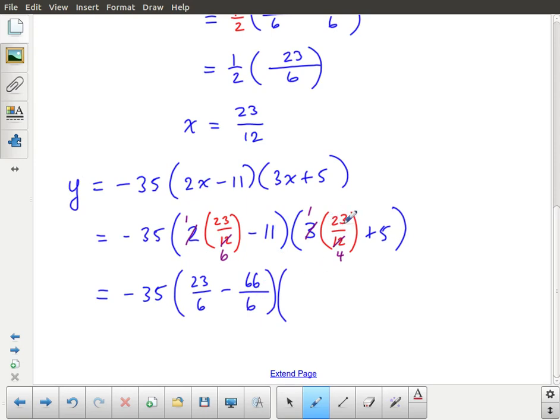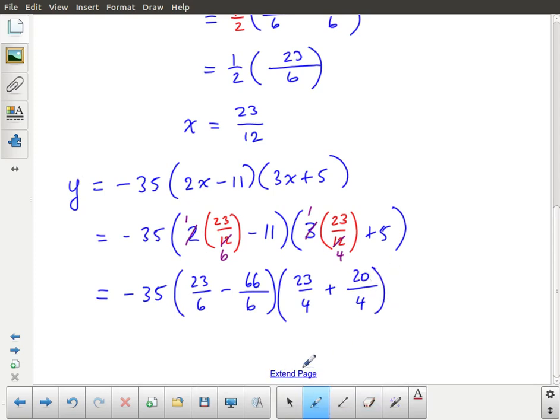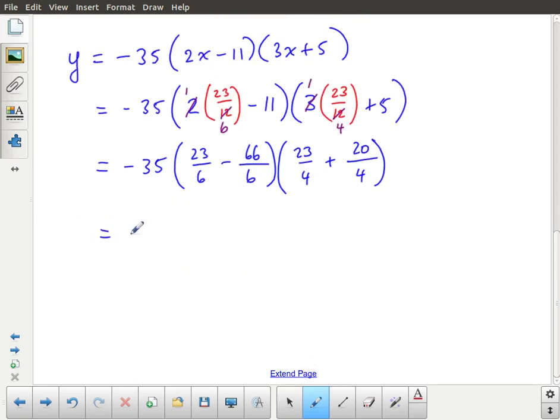For the second bracket, I get 23 over 4 plus, and I have to change to a common denominator, so 5 is the same as 20 over 4. Negative 35. 23 minus 66.